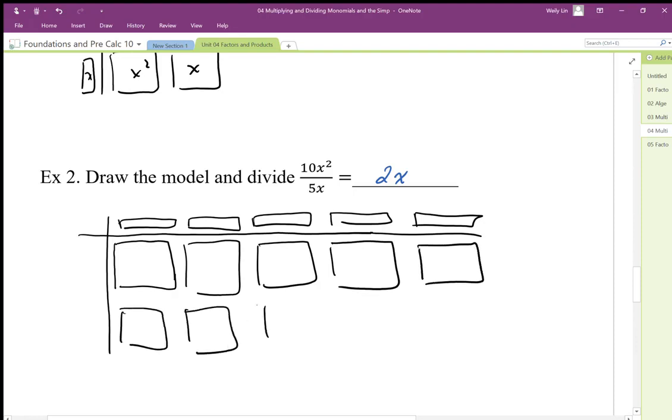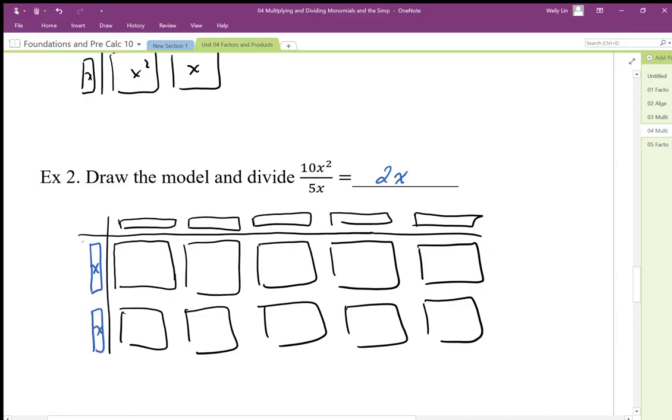And I can do it in 2 groups of 5. So then the answer works out to be the other edge here, which is my 2x's. The blue represents the solution to that division statement of those two monomial terms.